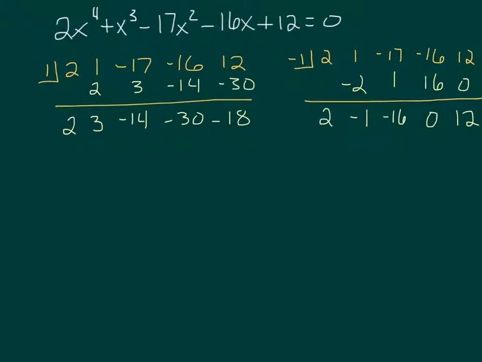Okay, so if you remember our list, what are some of the values in our possible rational zeros that were between 1 and negative 1? Well, we had negative 1/2 and positive 1/2, so hopefully that's going to be one of them. So let's just try it out and see what we get. So we'll try positive 1/2.